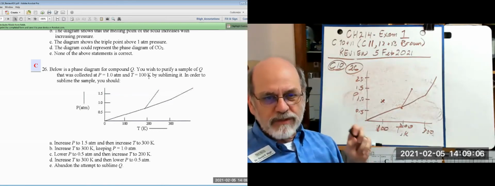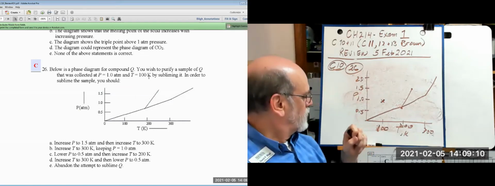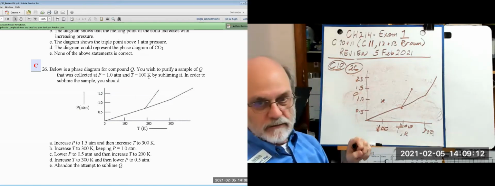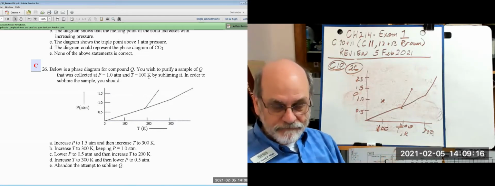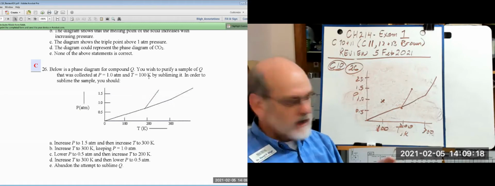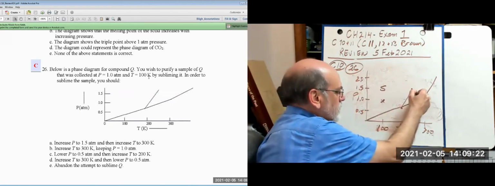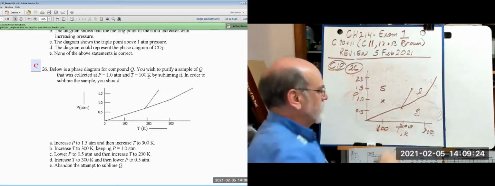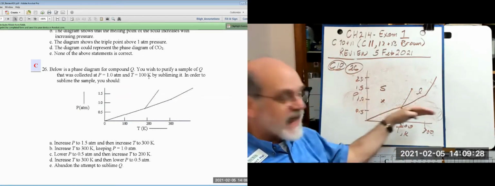In order to sublime the sample, what should you do? Well, we got 5 choices. Right, this is a solid, this is a liquid, this is a gas. So our sample is a solid, and we want to go from solid to gas directly.